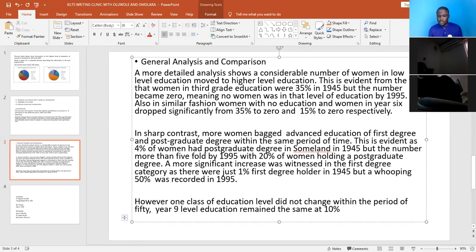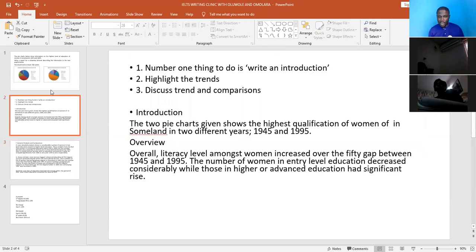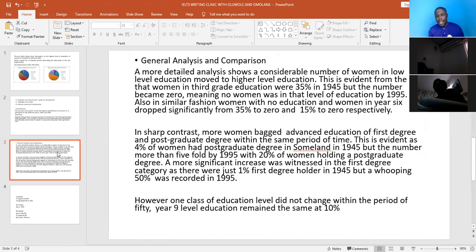Okay, so that's it. You can see the first thing that I highlighted. Number 1, introduction. Number 2, highlight the trend. Number 3, discuss it. It's very good you categorize increase, decrease. If there was no change, put there was no change on one side.